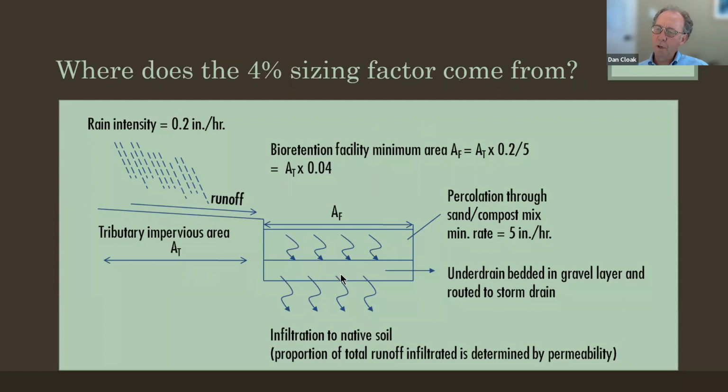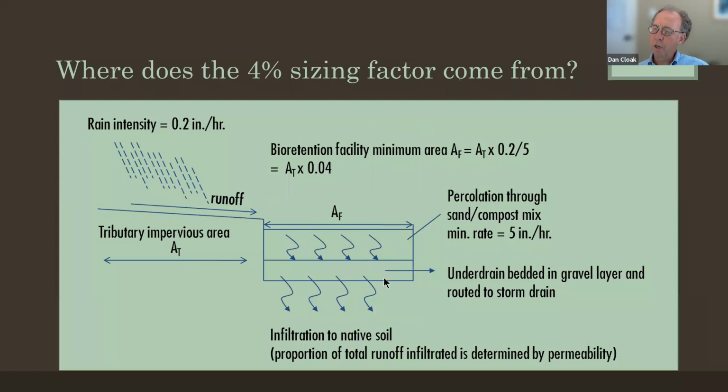You end up with saturation or even upwelling in this spot right here. And when that happens, you get practically no infiltration, but you still get the full treatment requirement.